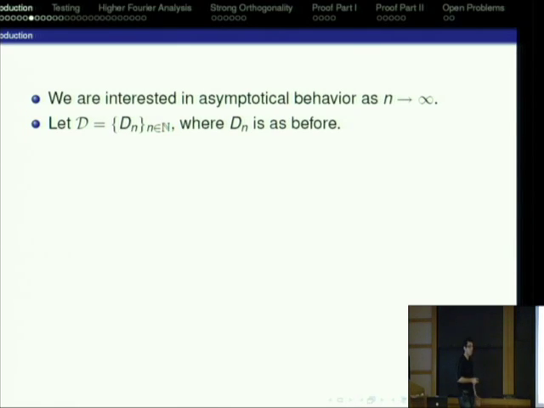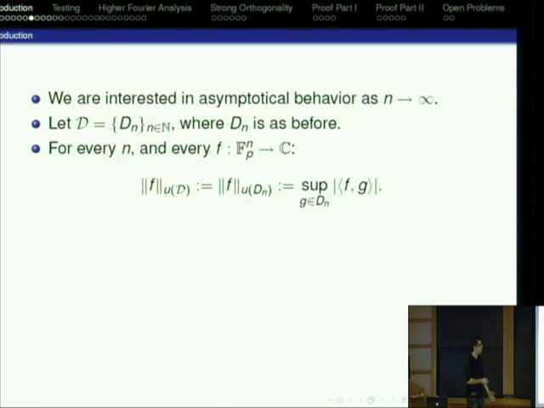So they are functions from F_p^n to C. And for every function from F_p^n to C, I'll use this UD to denote the previous UDn. So we pick the value of n as the dimension of the domain of f, and we define the norm with respect to this sequence of families to be uniformity with respect to Dn.